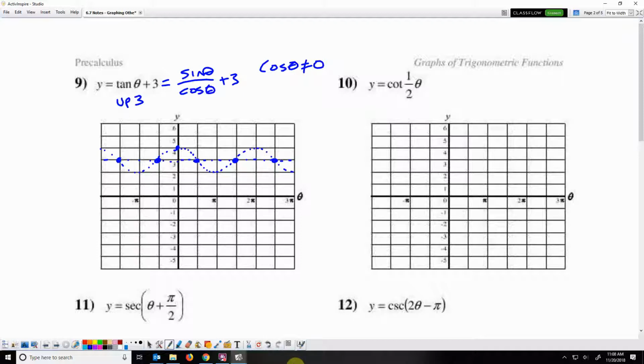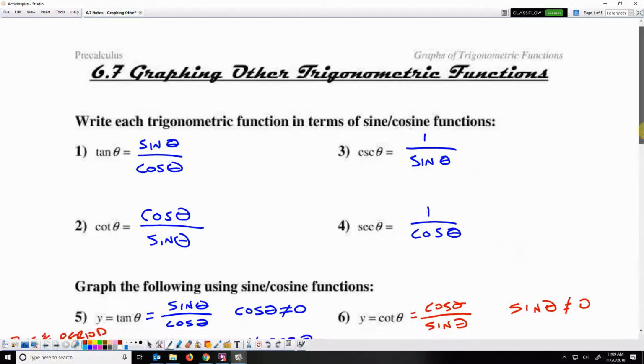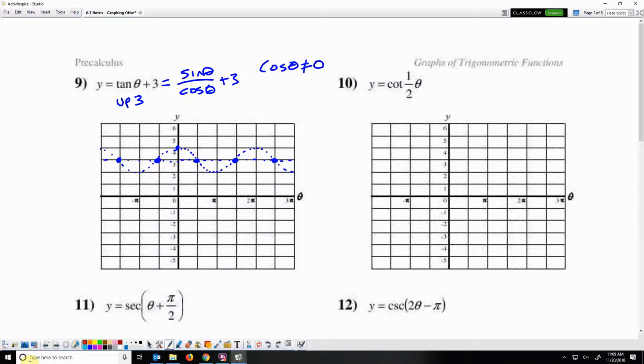Okay, this is a tangent graph. So it's going to look more like what we had on page 1, numbers 5 and 6. So the graph is going to look like these two, for tangent and cotangent. So every time it intersects its axis, I have my asymptotes.